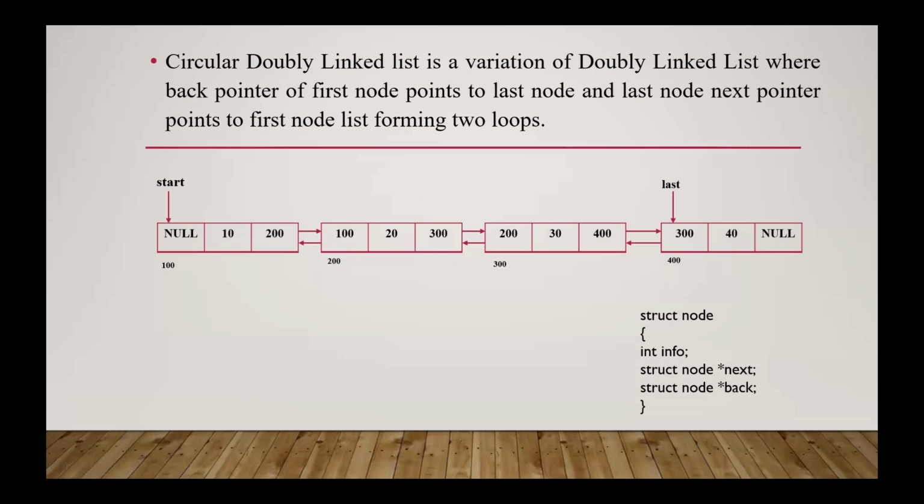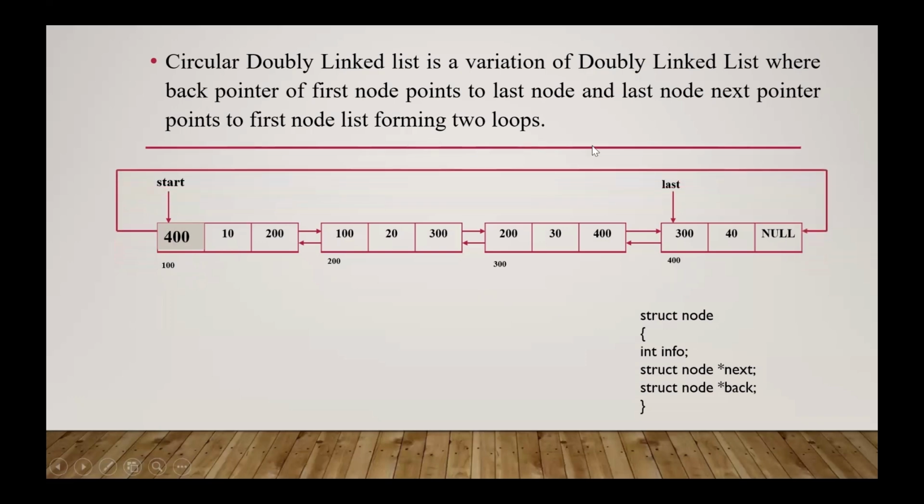Now we go to the circular one, meaning one more thing is added: there should not be any null. So this node points to the first one and this node also points to this one. First we store the address 400, which is the address of the last node. Now the back of the first node points to the last node, so it makes a connection to this node.